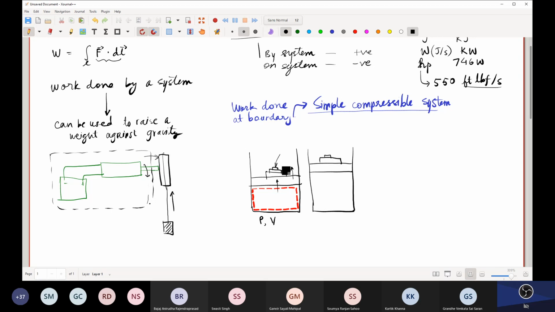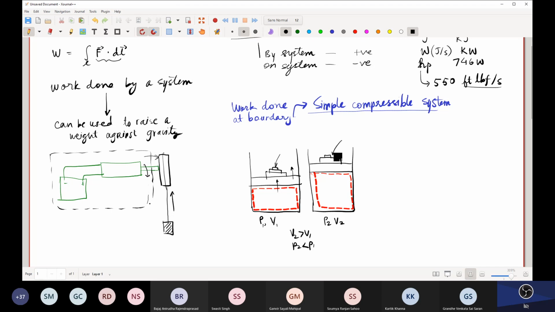So you have removed one of the blocks. At this juncture, the pressure has reduced. So if I call this P1 V1, this will become P2 V2. So here V2 will be larger than V1, but P2 will be less than P1.